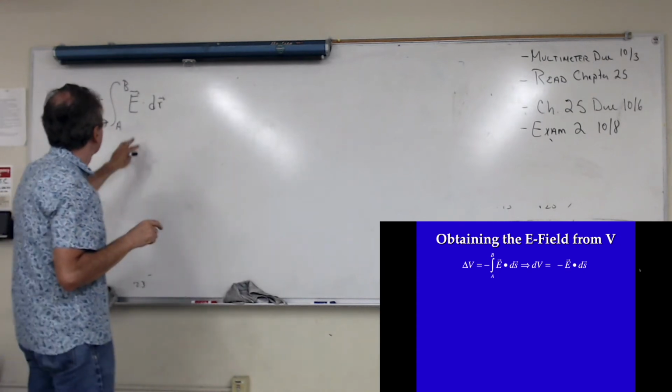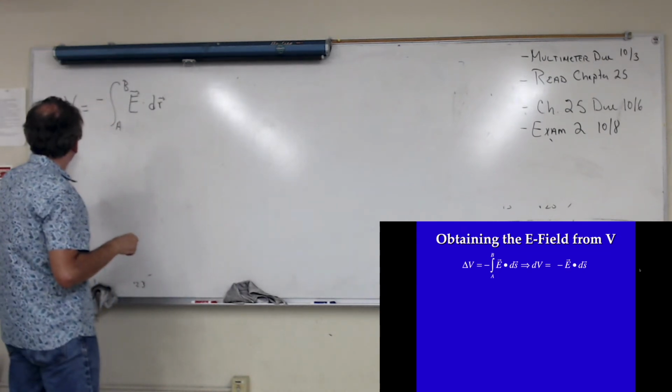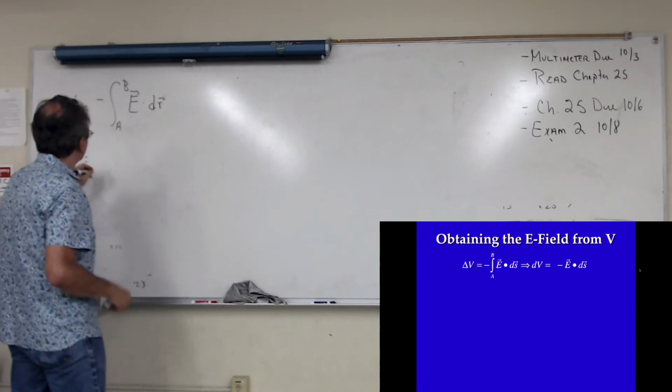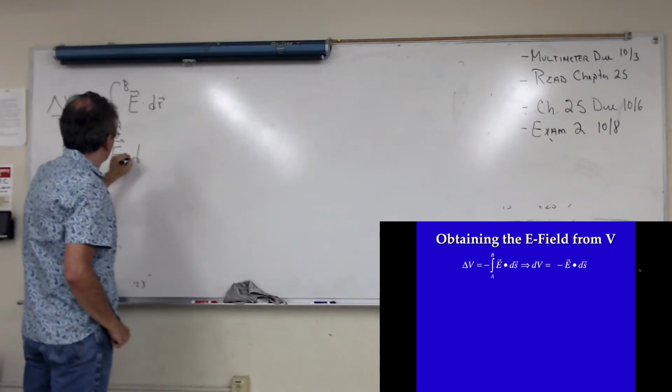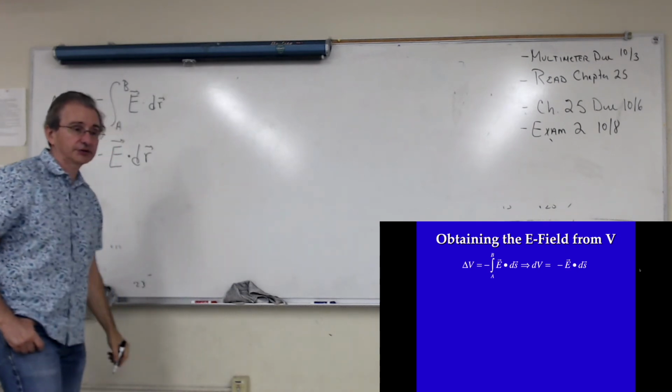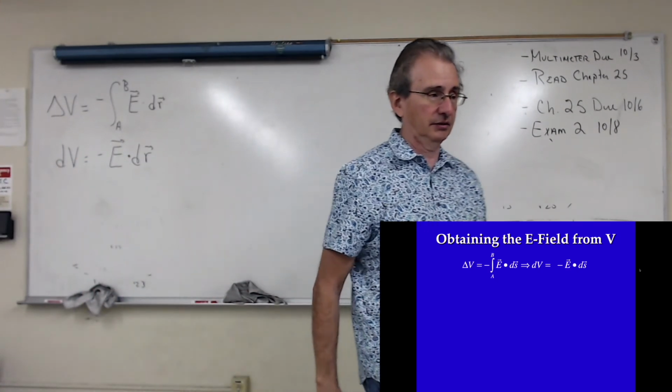What that means, by getting rid of the integral, is dV is minus E dot dr. Isn't that true? If I integrate dV, I get delta V.